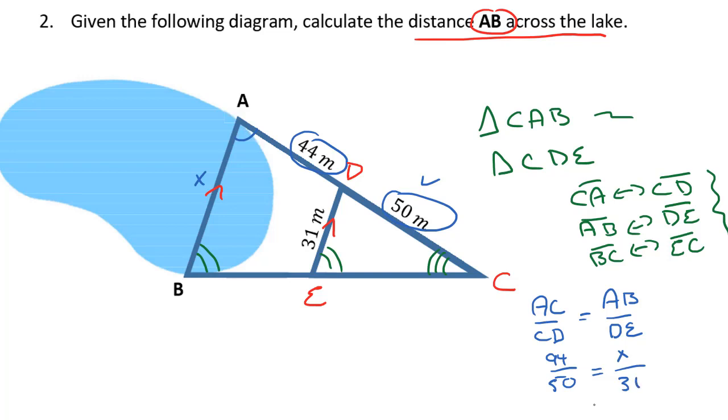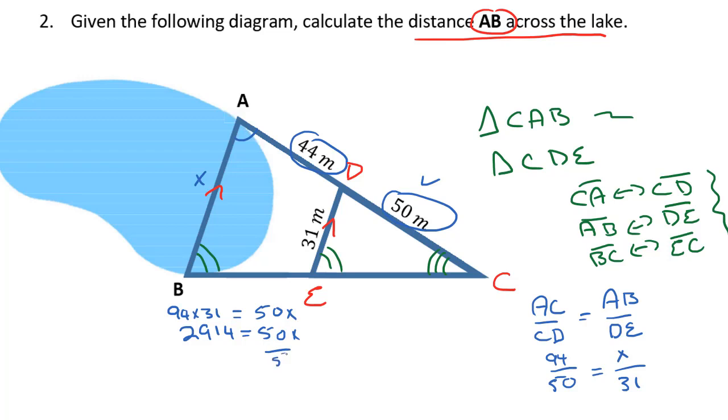So now we can simply cross multiply and solve for X. So I'm going to do that over here. We end up getting 94 times 31 on one side of the equation, and on the other side of the equation we get 50 times X, or 50X. When we punch this all into our calculator, we get 2,914 on one side and 50X on the other side.